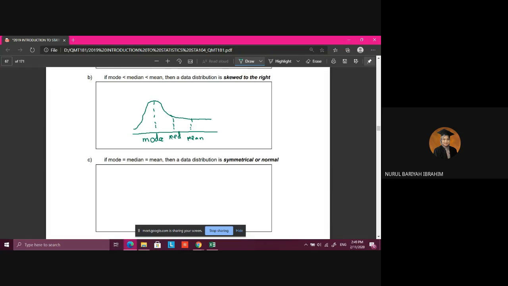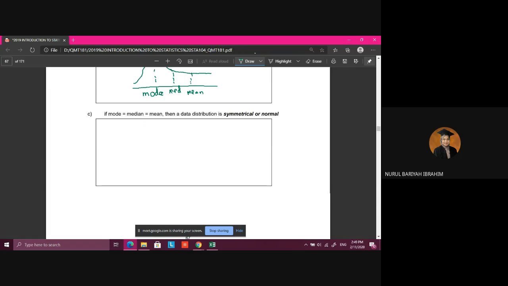Okay, and then if our distribution is normal, it will be like this, which is symmetrical di antara kiri dan kanan, dan all the value of the central tendency, which is mode, median, and mean adalah equal.